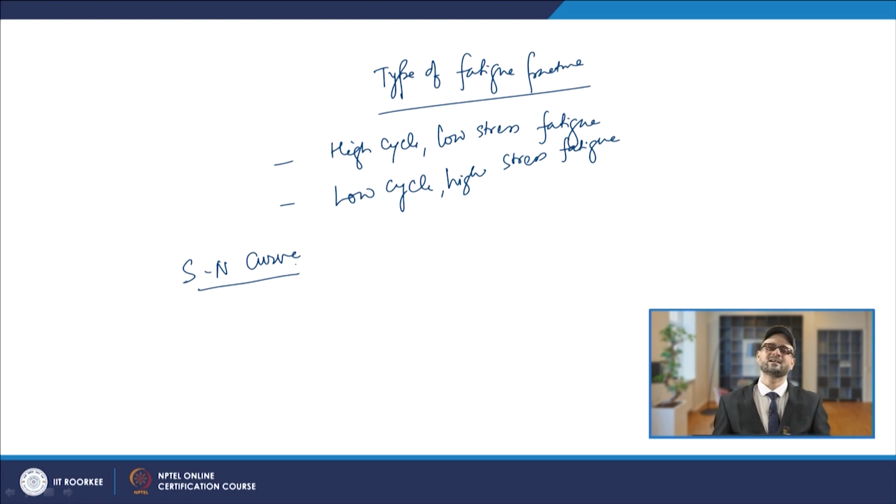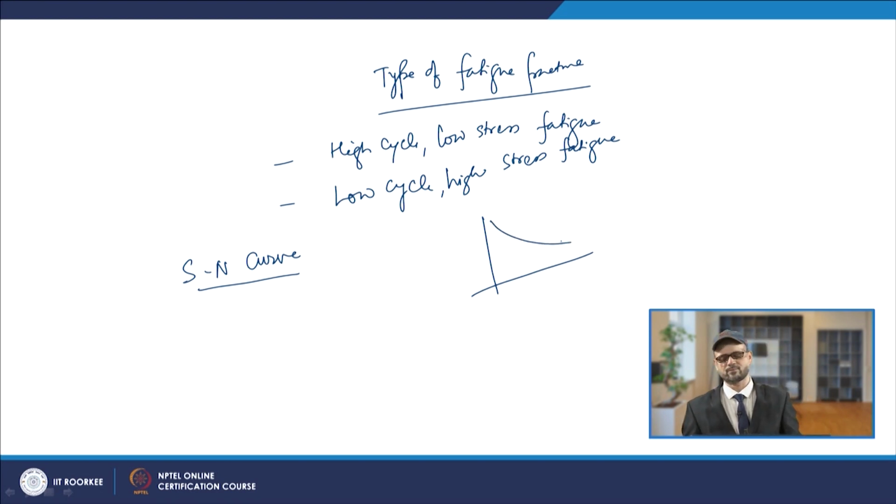It tells you, at a certain stress value, if it is subjected to alternating stresses, for how many cycles the material will sustain. That curve is known as the SN curve.